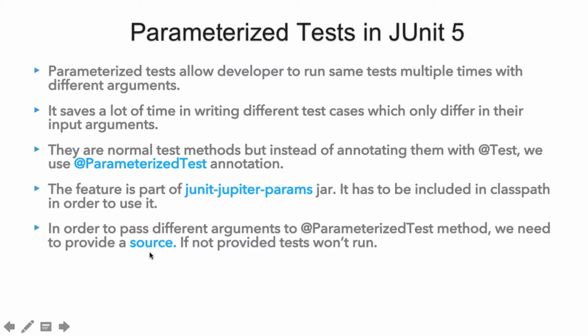You can think of a source as simply a collection of different arguments. In our upcoming lectures, we will see how we can provide different sources to @ParameterizedTest, and we'll see a demonstration of how a parameterized test uses those arguments and runs the test multiple times.